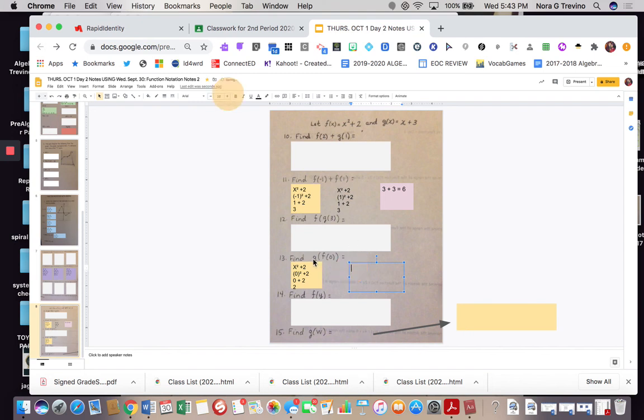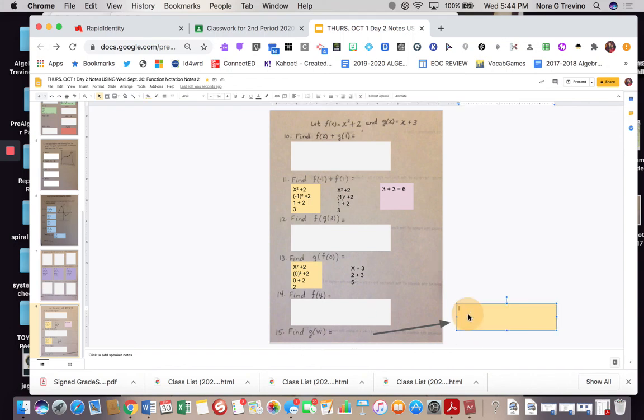It's telling me take the g now. g says x plus 3. And what are you going to input in there? You're going to input the answer that you got for the first one. I'm going to input a 2. 2 plus 3, and that is 5. So my final answer is the 5. Not anything else. All that just led me to the answer.